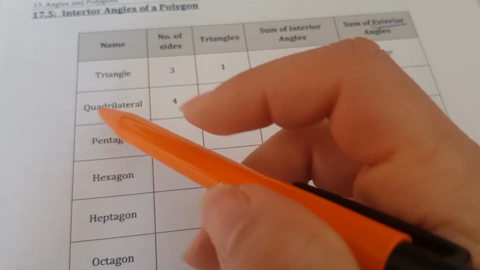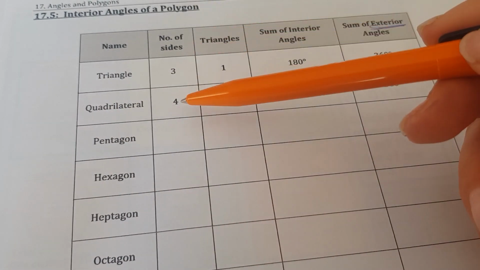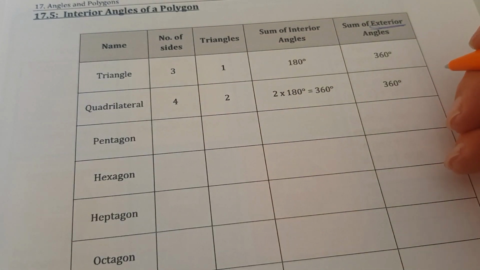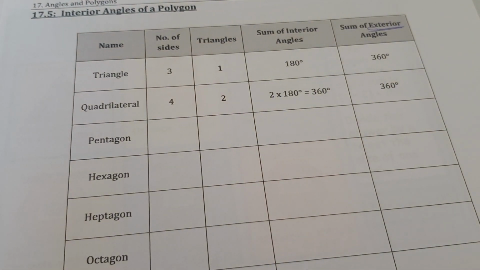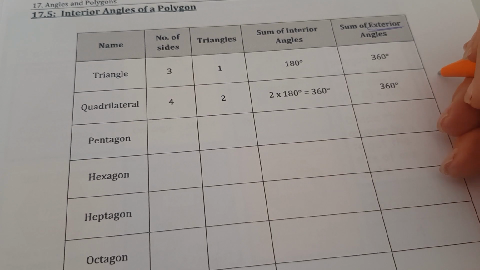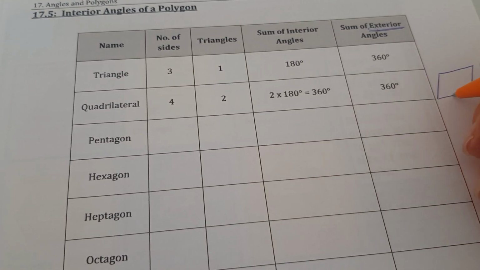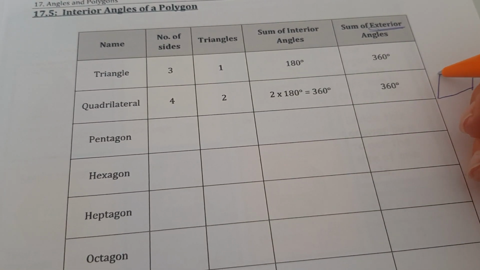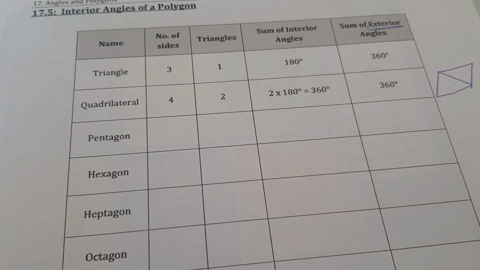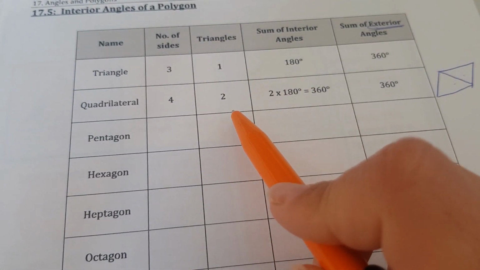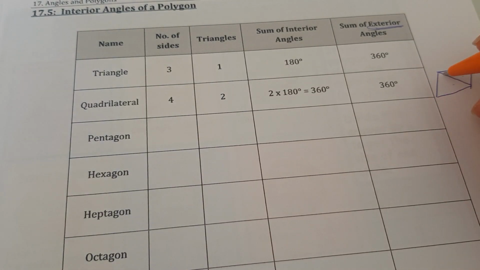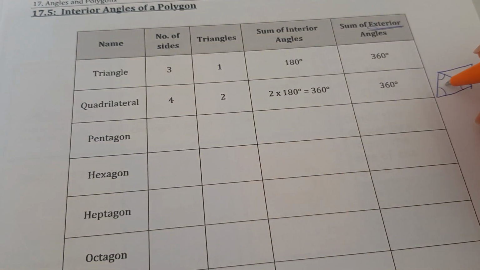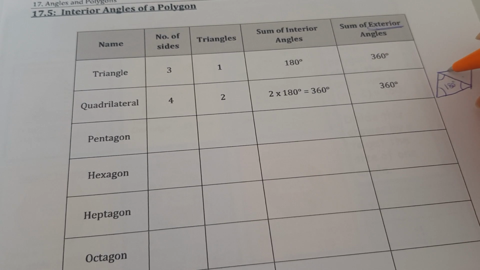Now, a quadrilateral has 4 sides, and like the topic we did on quadrilaterals in angles, a quadrilateral can be divided into 2 triangles. Each triangle has angles adding up to 180.